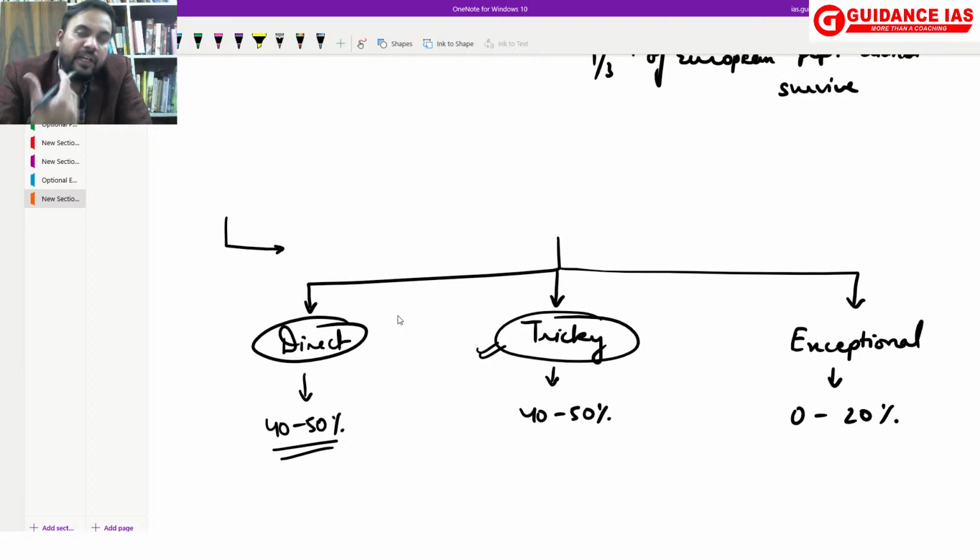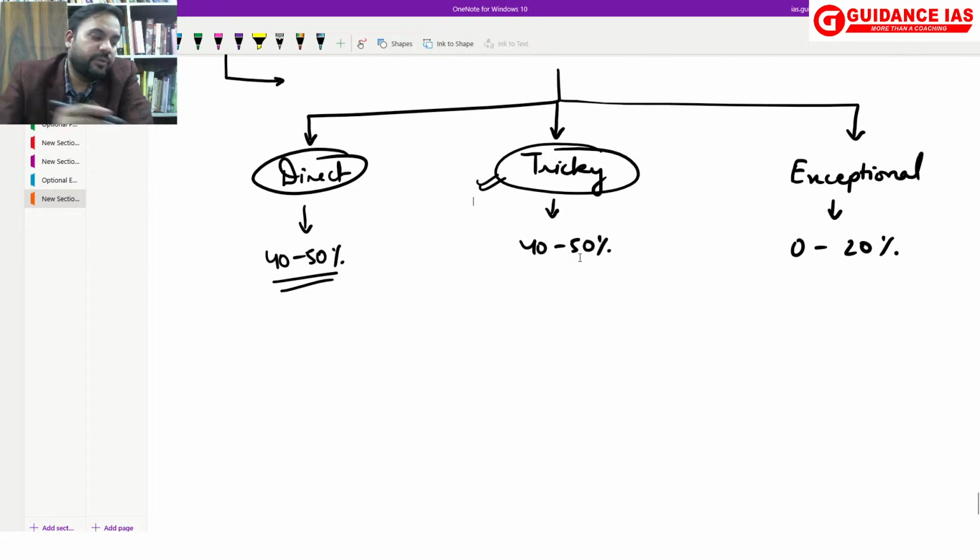So there will always be in any paper, whether वो pre का paper है चाहे वो mains का paper है, it will always be very crucially dependent upon these tricky questions, and also upon how much you have mugged up, so that you score maximum marks in the direct ones. So हमारा target क्या होना चाहिए कि we are so much prepared that when it comes to these direct, we score marks 60%, over 60% marks.